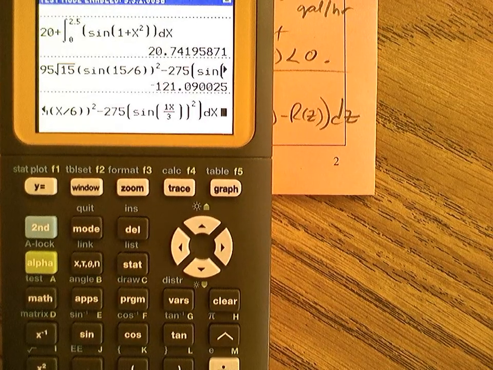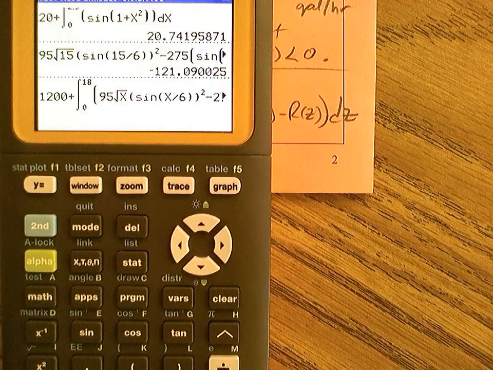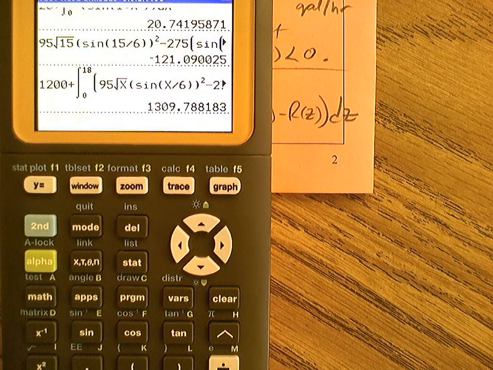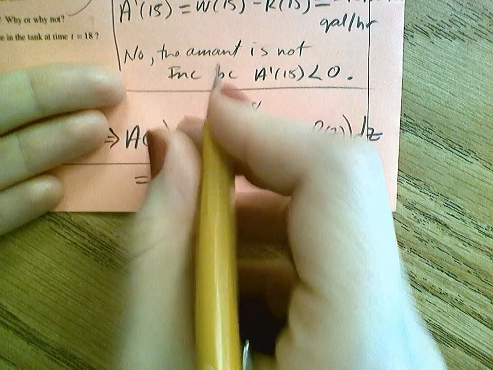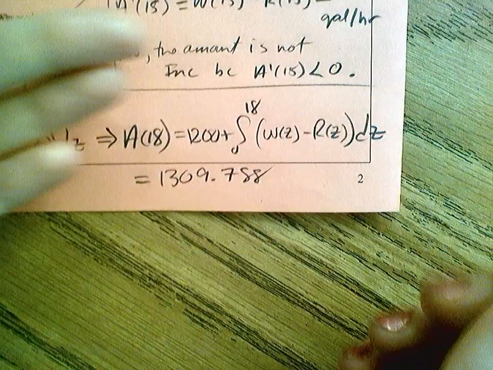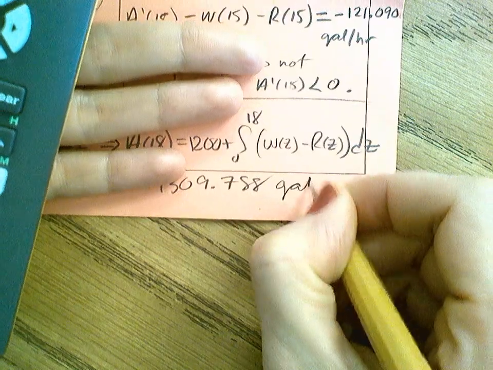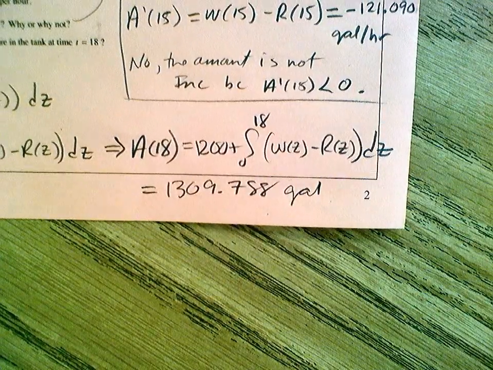Oh, that makes our lives so much easier. Yep, that's it. So 1309.788 gallons. Okay, that's the amount of water, so that's gallons.